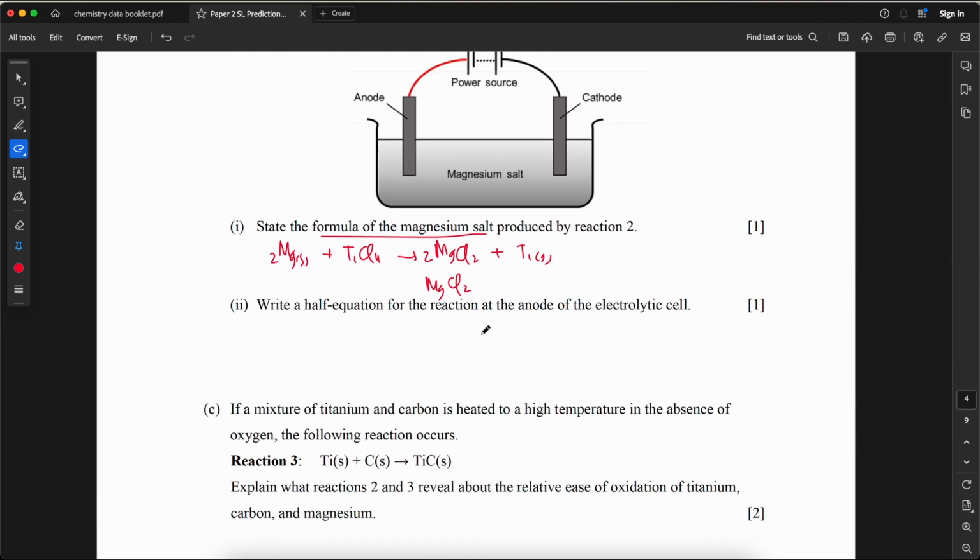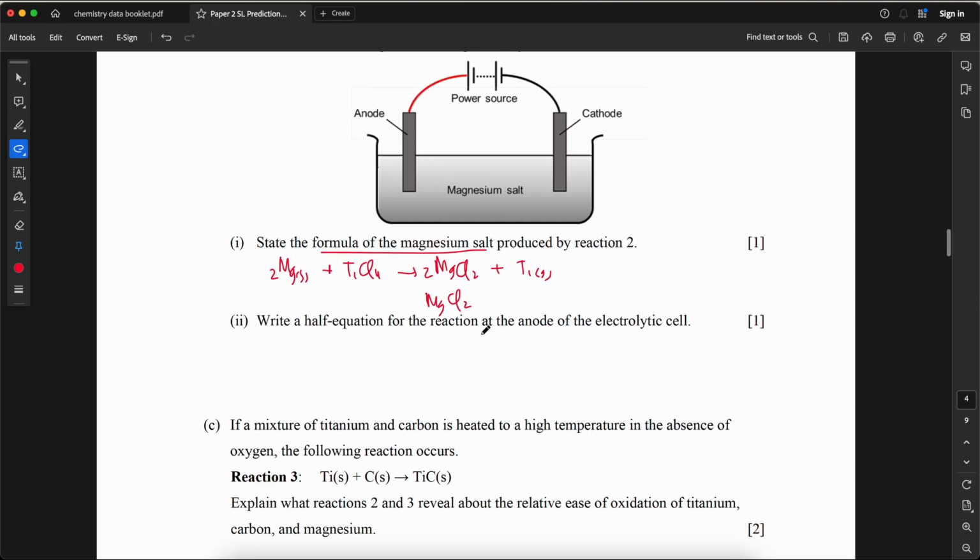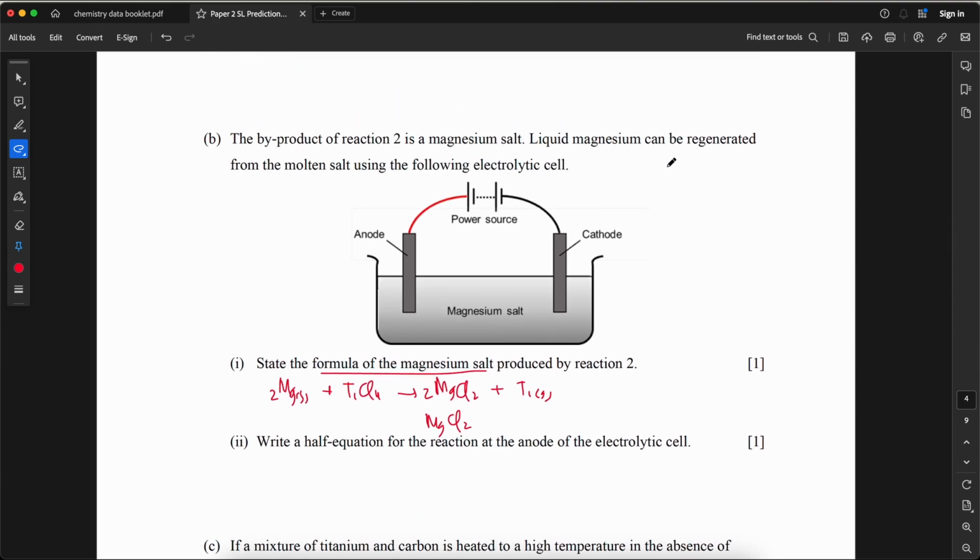Write a half equation for the reaction at the anode of the electrolytic cell. At the anode, so PANIC: positive anode, negative cathode. So anode oxidation, cathode reduction, and we've got MgCl2. So Mg2+ will go right here, Cl- will go right here.